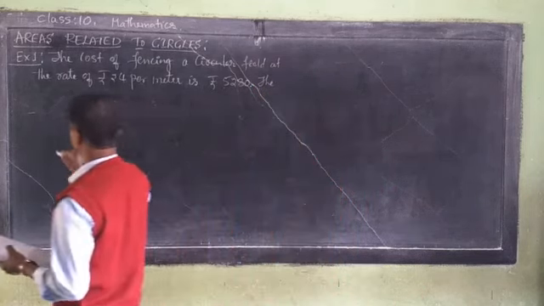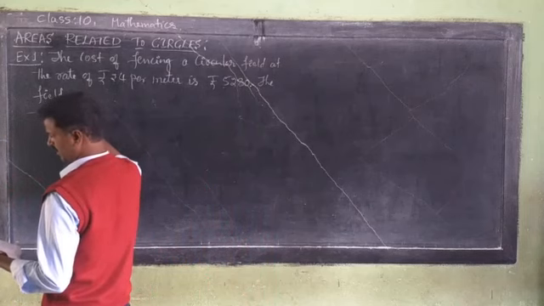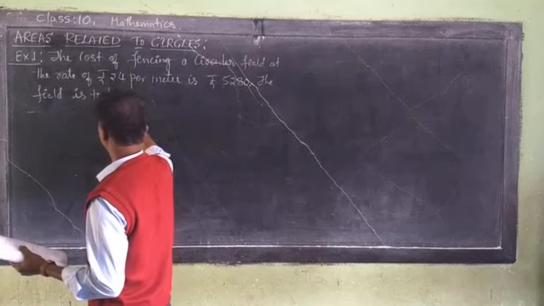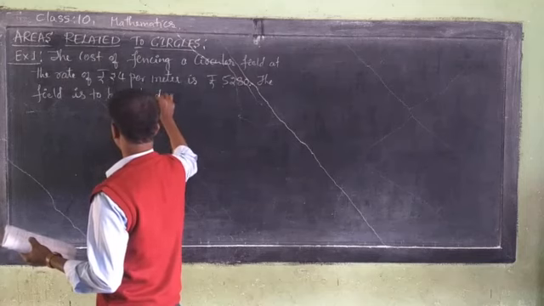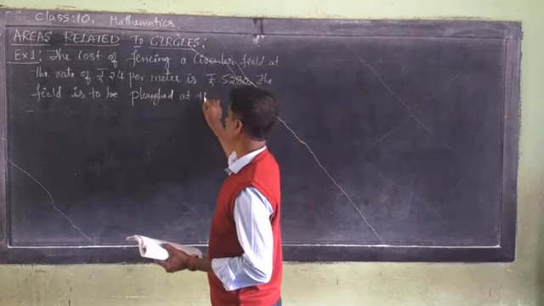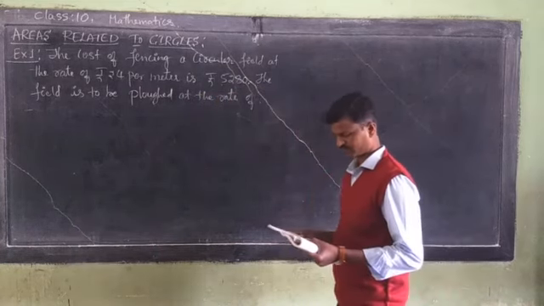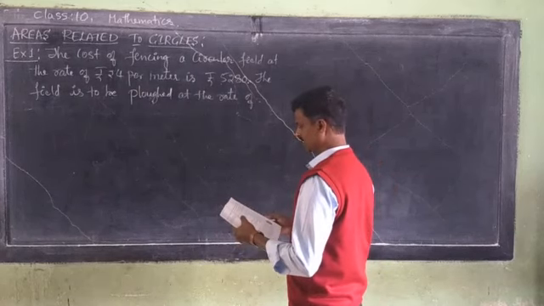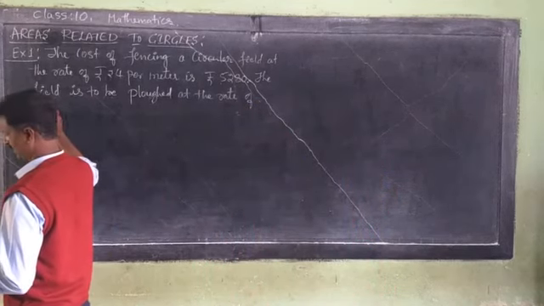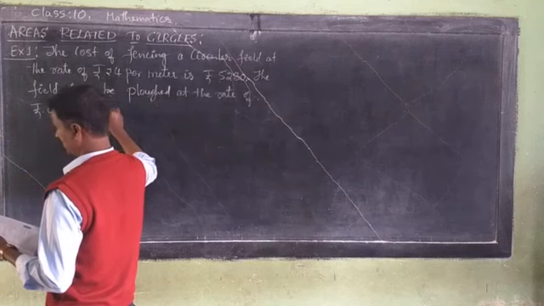The field is to be fluffed at the rate of rupees 0.50 per meter square.